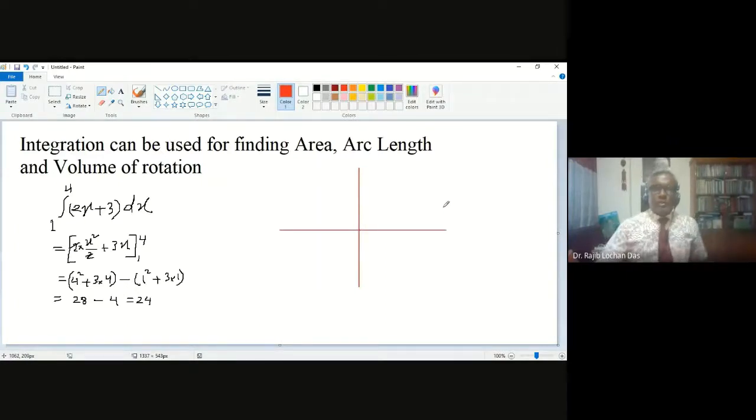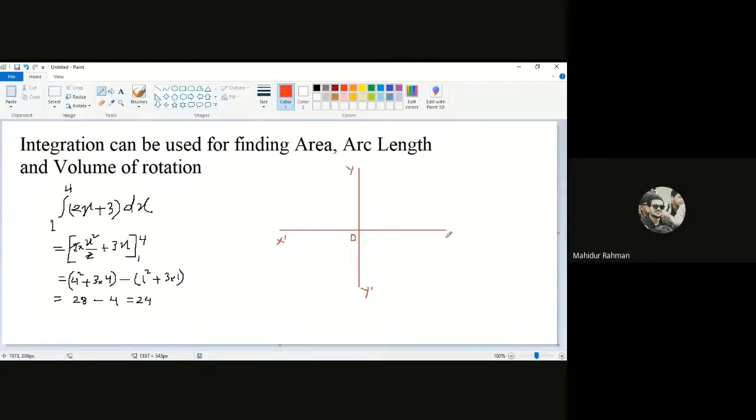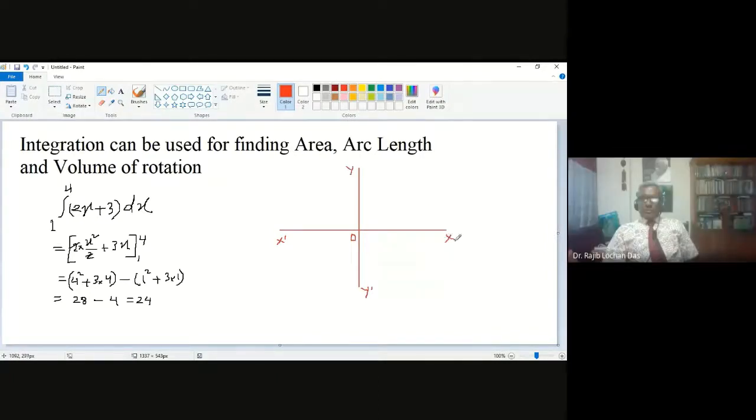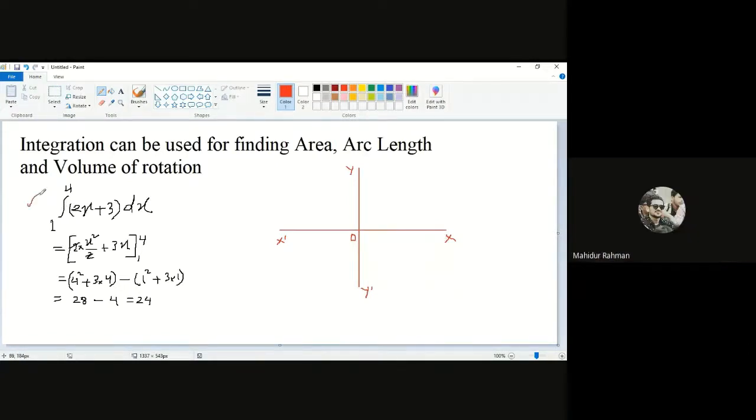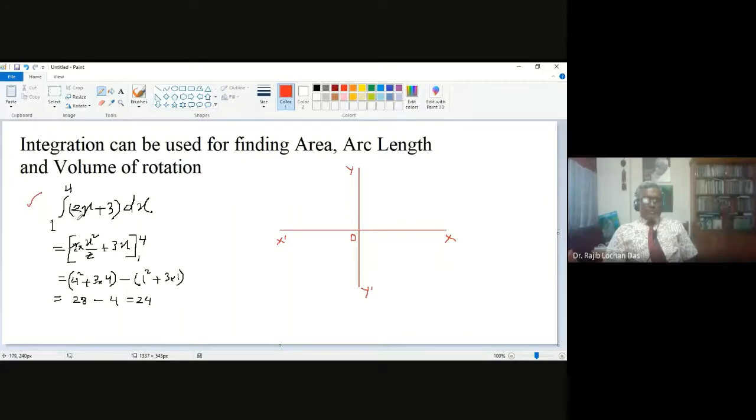So you already know the x-axis and y-axis, and you can easily draw a graph. I mean, at least some of you, maybe not everyone. So in this integration problem, the function is 2x plus 3. So this is your function.